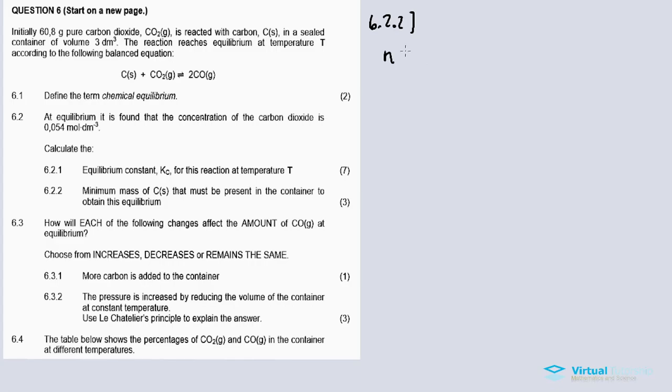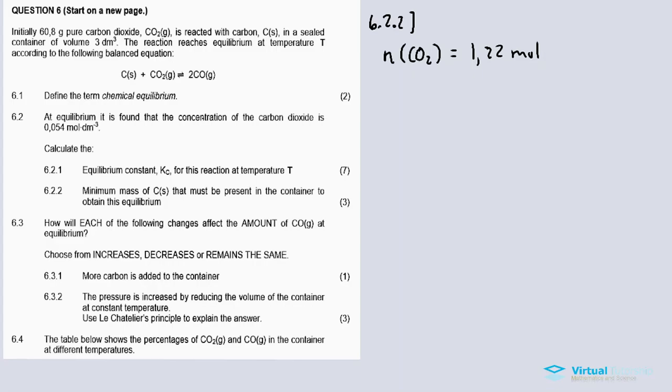So the number of moles, using stoichiometry again for carbon dioxide, is calculated as what, 1.22? Wait a minute. Okay, yeah, it's 1.22 moles. I'll explain in a moment.